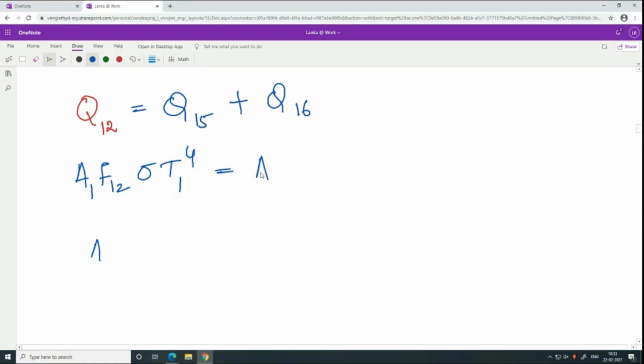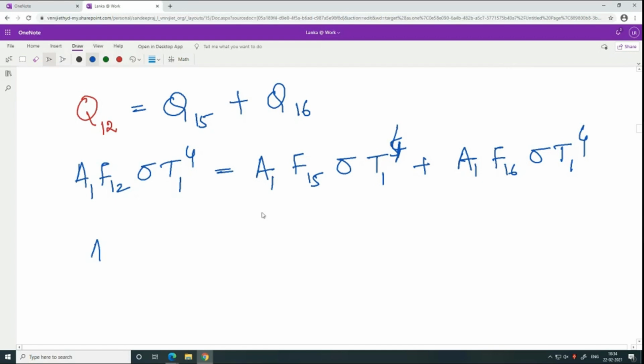A1 F15 into sigma into T to the power of 4 plus A1 into F16 into sigma into T1 to the power 4. This should not be 5, this should be 4.